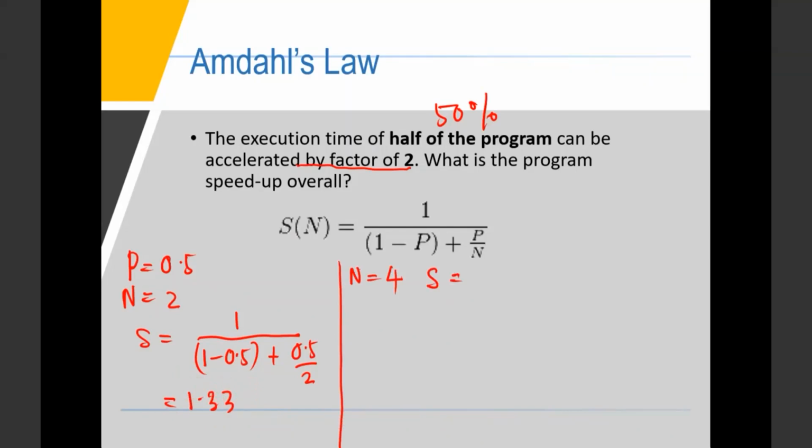What speed up do you get? Replace this with N equals 4. Anyone? Okay, you will get 1.6, right? Alright, you will get 1.6.